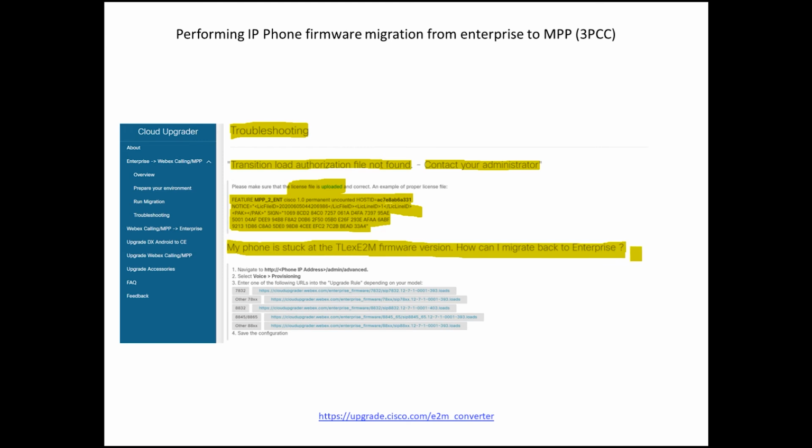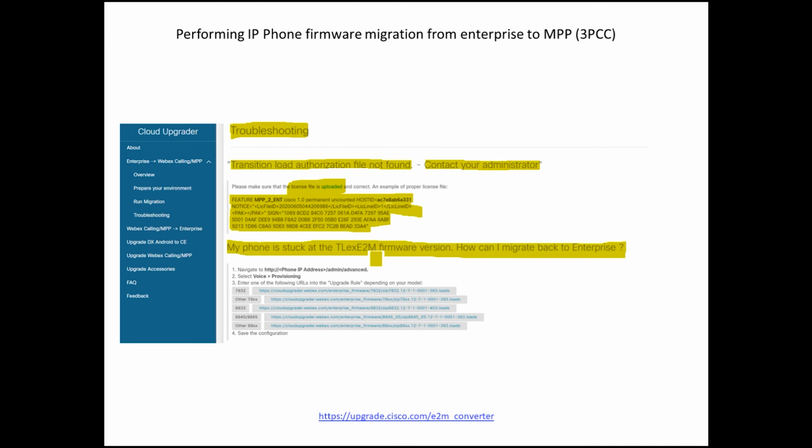So no problem. If your phone gets stuck in this type of transitional firmware, the TLEX E2M refers to a transitional firmware, because when you're doing the firmware migration from enterprise to 3PCC, there's really 3 stages it goes through. So it starts off stage 1, it's an enterprise firmware. If it's running super old enterprise firmware, then what the Cloud Upgrader will typically do is bump it up to a minimum version that is firmware migratable.